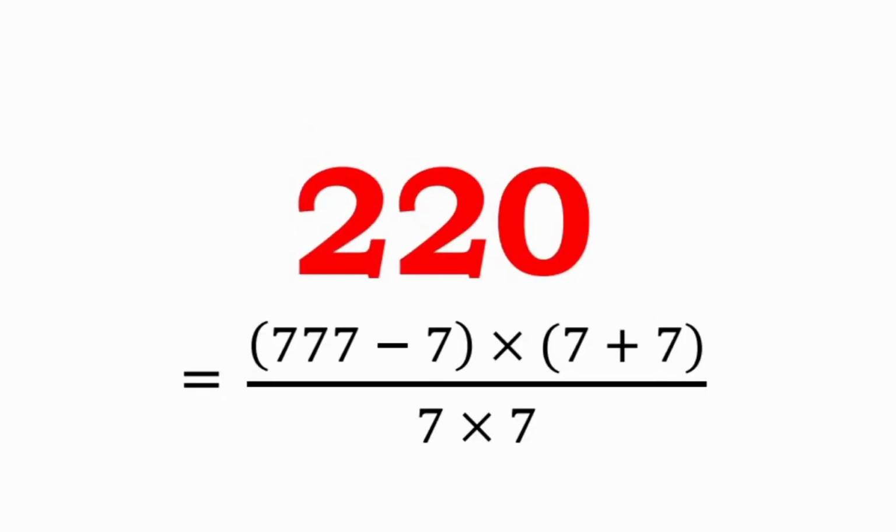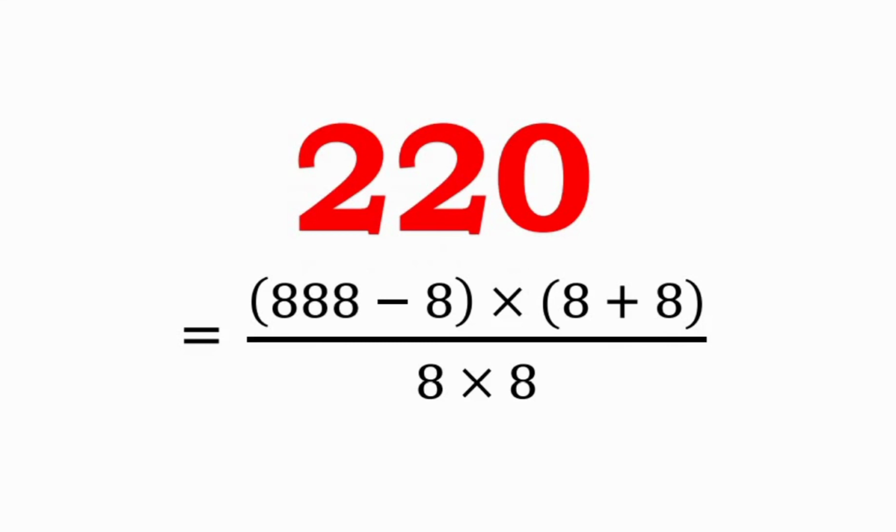Using the single digit 7, we can represent 220 like (777 minus 7) into (7 plus 7) whole divided by 7 into 7. This is the single digit representation of 220 using the digit 7. The single digit representation of 220 using the digit 8 is (888 minus 8) into (8 plus 8) whole divided by 8 into 8.